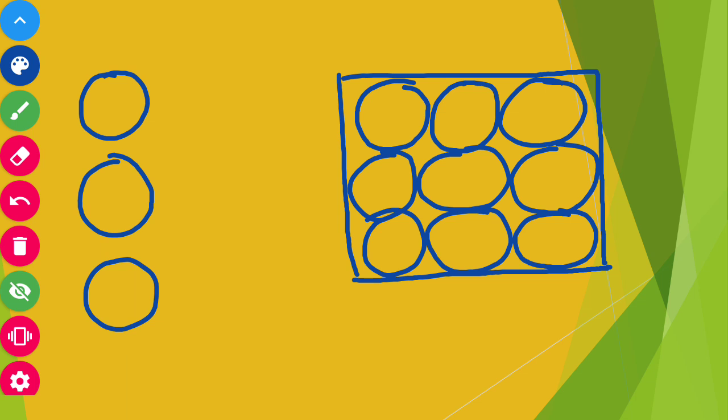Now can you find the area of this photo frame? I'll count: 1, 2, 3, 4, 5, 6, 7, 8, 9. I need 9 coins arranged in 3 columns. Okay, but can it give the exact area? No. Why? Because see here, there is left out area.